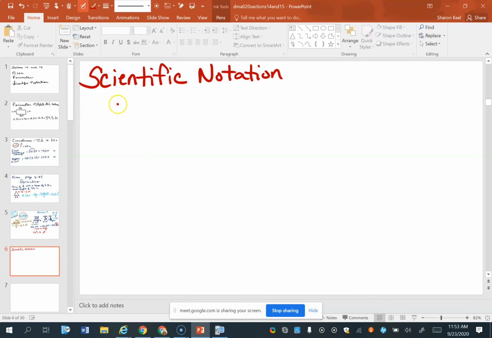When we do scientific notation, our first number is going to be between 1 and 9. So in other words, it could be 1 point something, 2 point something, 3 point something. This number is going to be greater than or equal to 1 and less than 10.